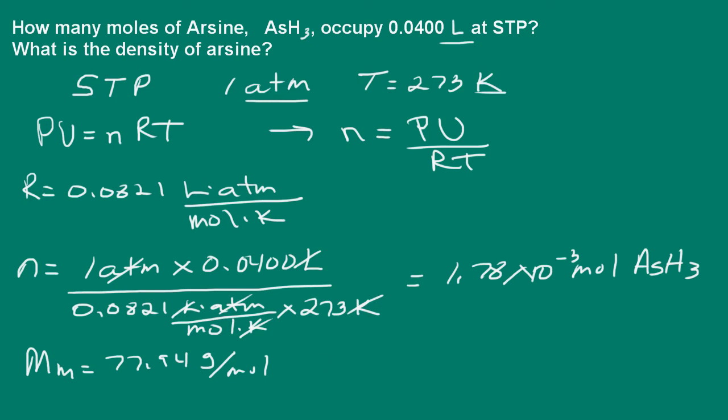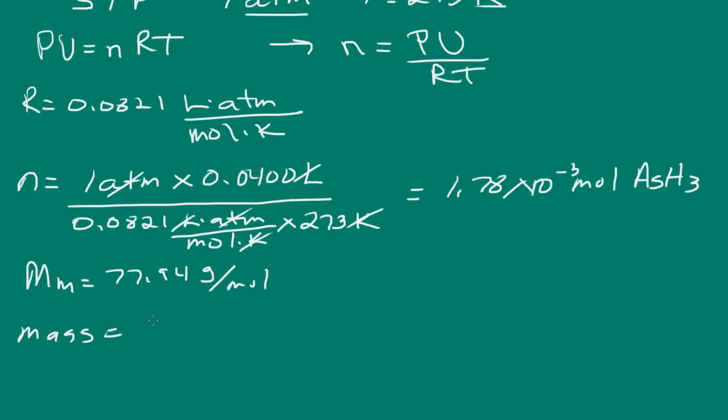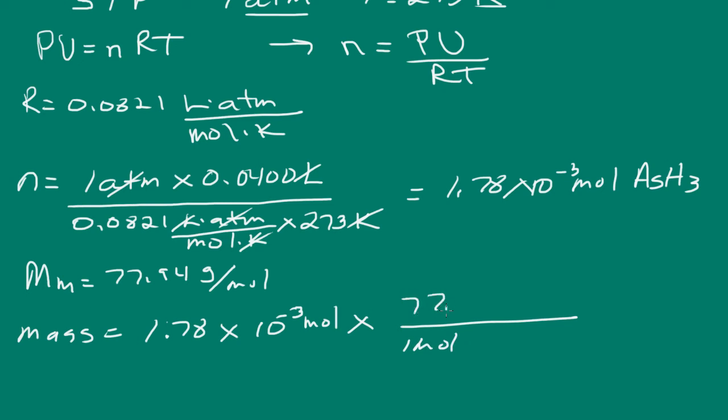So the mass of the arsine is going to be equal to 1.78 times 10 to the negative 3 moles. And we know that 1 mole of arsine is 77.94 grams. So that's going to give us 0.1391 grams of the arsine.